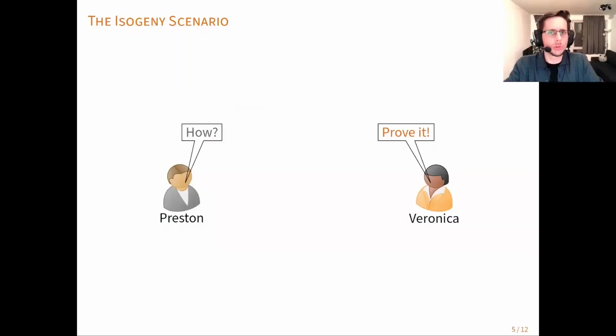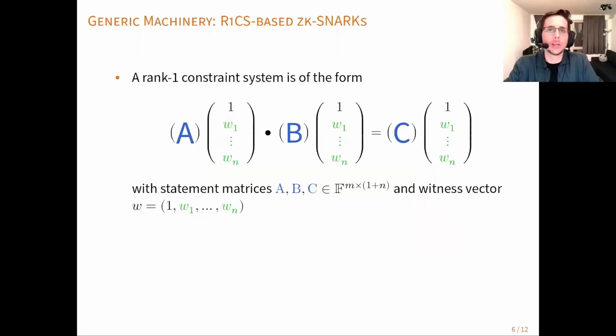For this, we need R1CS, and these are still about variable constraint systems. Each variable constraint system consists of 3 matrices defined over a fixed field, and they have the same number of rows and columns. And the second component is the correlated vector, which consists of a constant pointer and some base components.